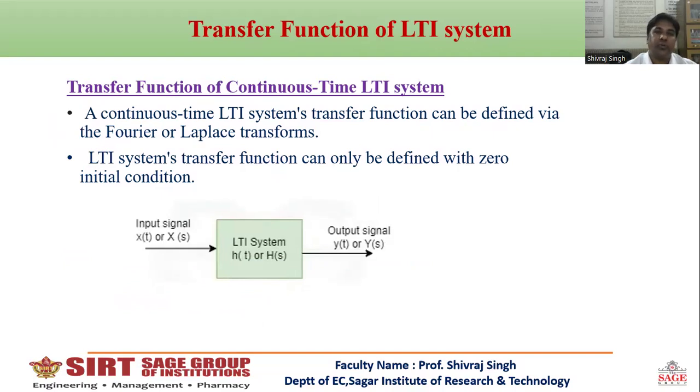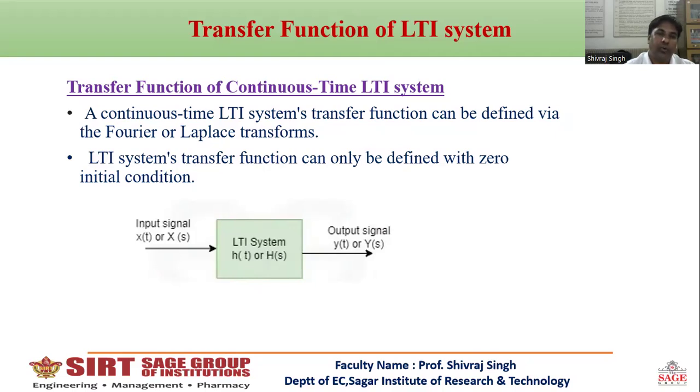Next one, transfer function of the LTI system. Basically, an LTI system is represented in terms of the transfer function or system function. Transfer function or system function is represented with the help of the Laplace transform or Fourier transform for continuous time signals, and similarly the Z transform is used for the discrete time system.